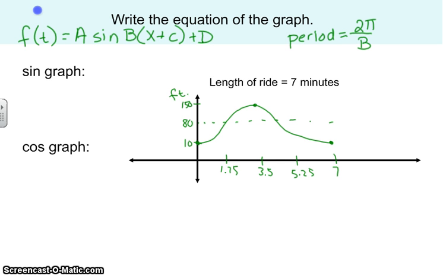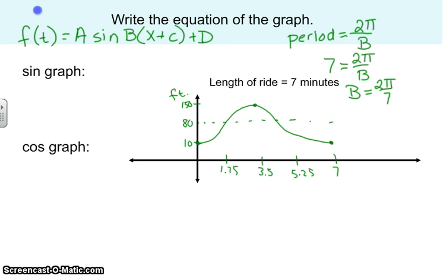Well, I'm looking for b in this case, so I'm just going to substitute in that I know that my period is 7, and I'm going to solve for b. So now I know exactly what to put in for b into my equation.